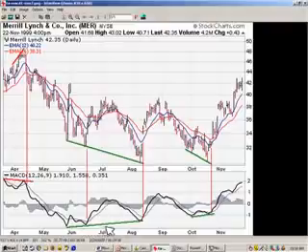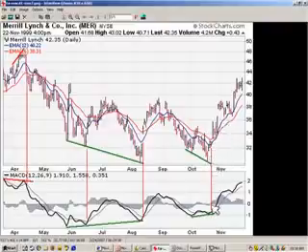MACD is warning us that the momentum of this down move was weakening, and therefore a change was imminent.